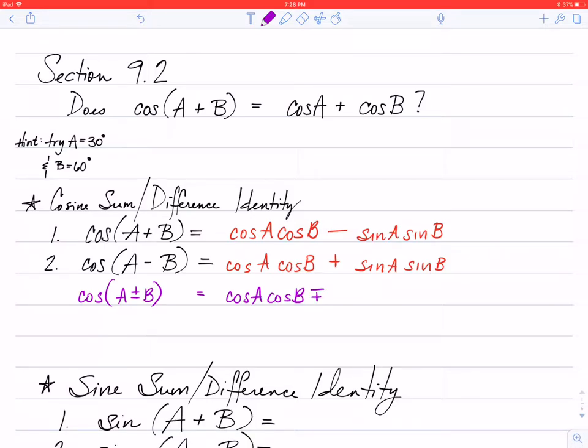Minus or plus the sine of angle A times the sine of angle B. What I want you to notice before I move on to the next one is that whatever that plus or minus is up on top has to go with the plus or minus up on top over here as well. So whatever is the one that's on bottom has to go along with the one that's on bottom over here as well.